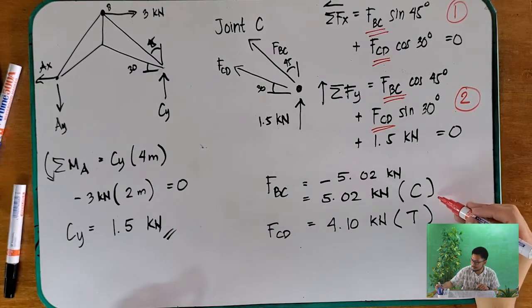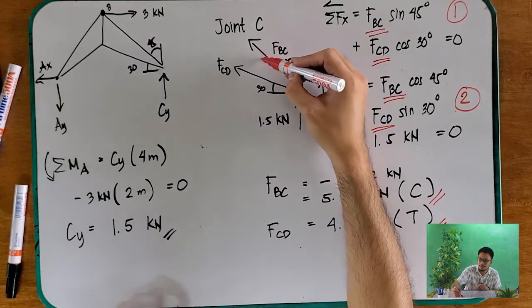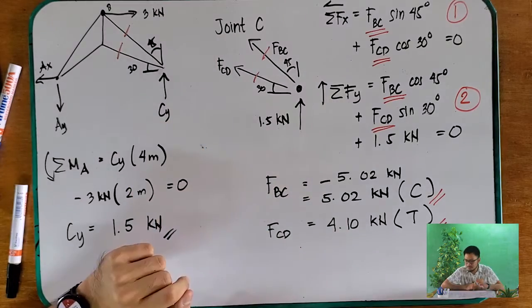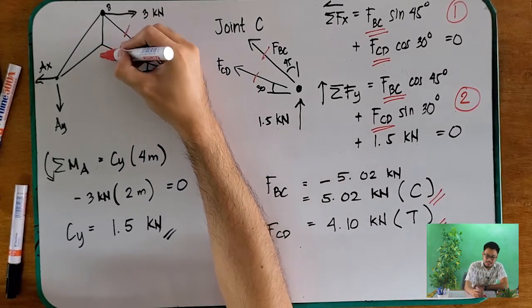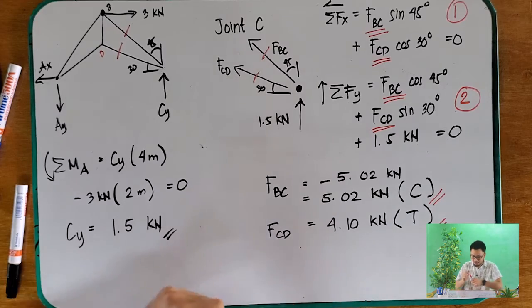So we have solved for these two. Now, which joint will you choose next? Will you choose D or will you choose B? Well, it's up to you.